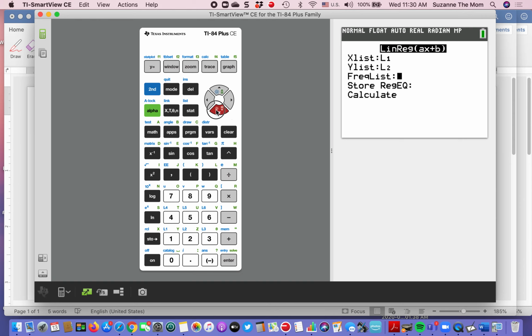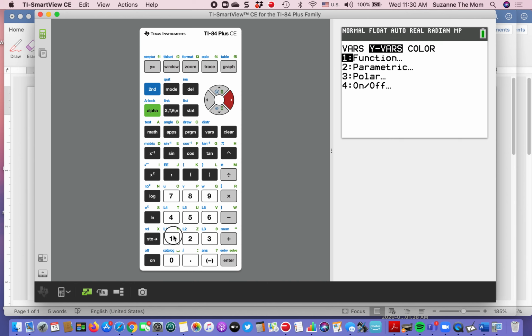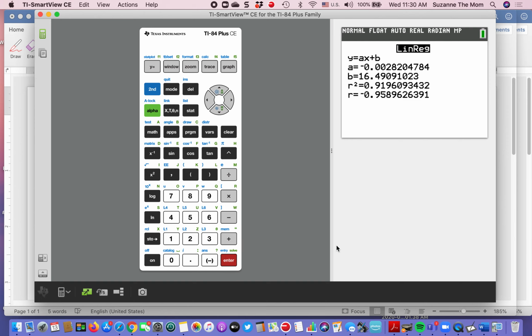Then go down to Store Regression Equation, and put Y1 in there. To do that, hit vars, arrow over to Y vars, number 1 is function, and hit enter. There's Y1. So you're telling it to make the equation and stick it in your Y1. Now we can hit enter, and calculate.